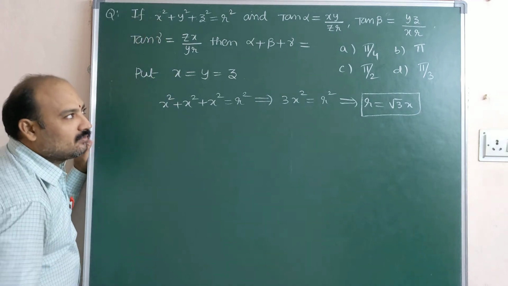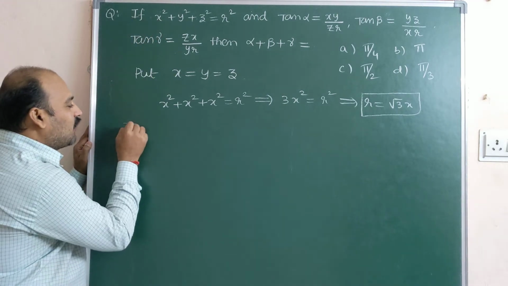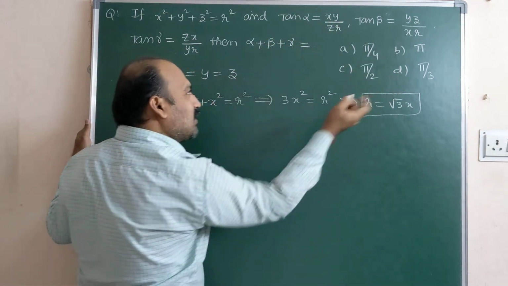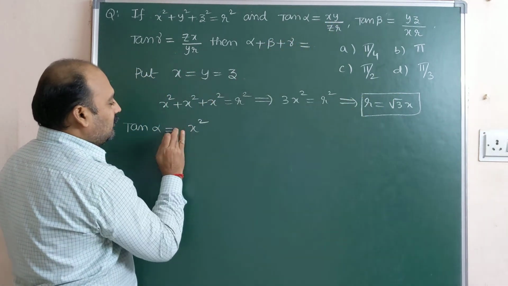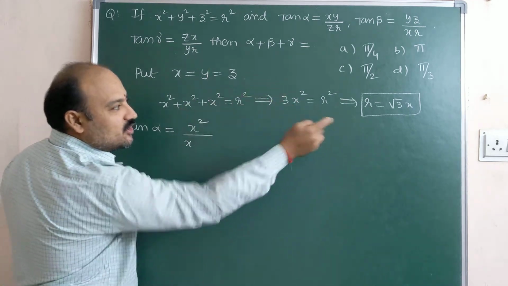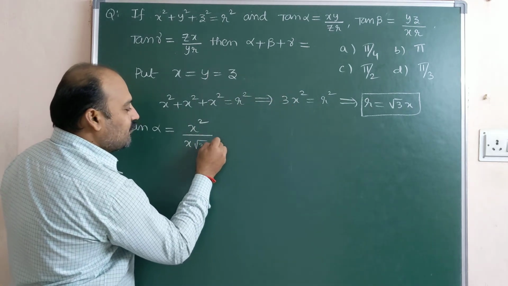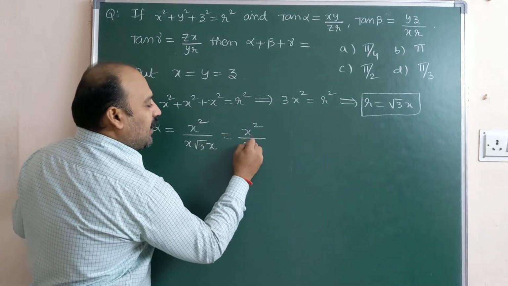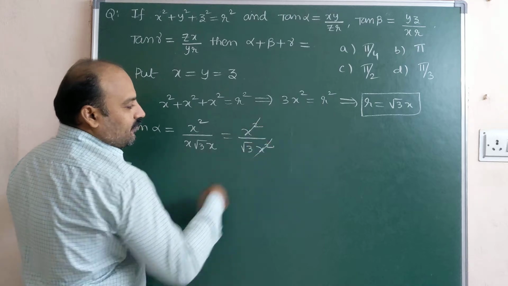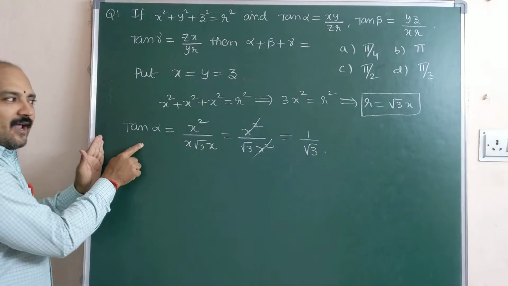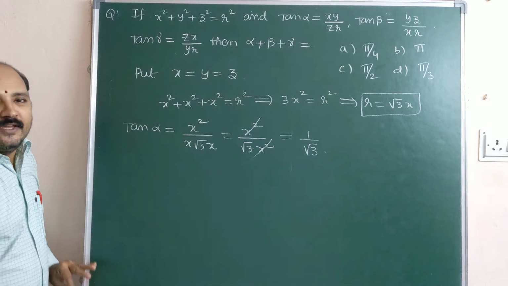So therefore, tan alpha is equal to x square by the z value, which is also x, and the r value is root 3x. So x into x, x square, by root 3 into x square, that is equal to 1 by root 3. When is tan alpha equal to 1 by root 3?